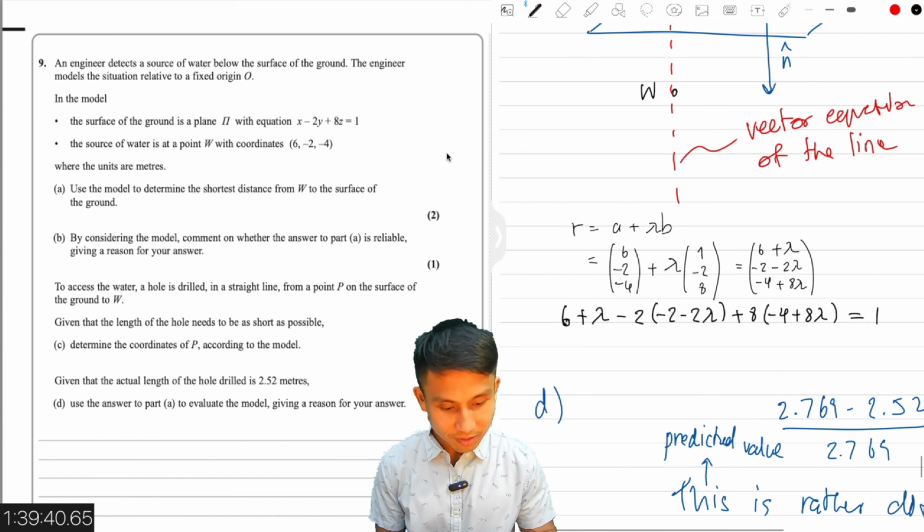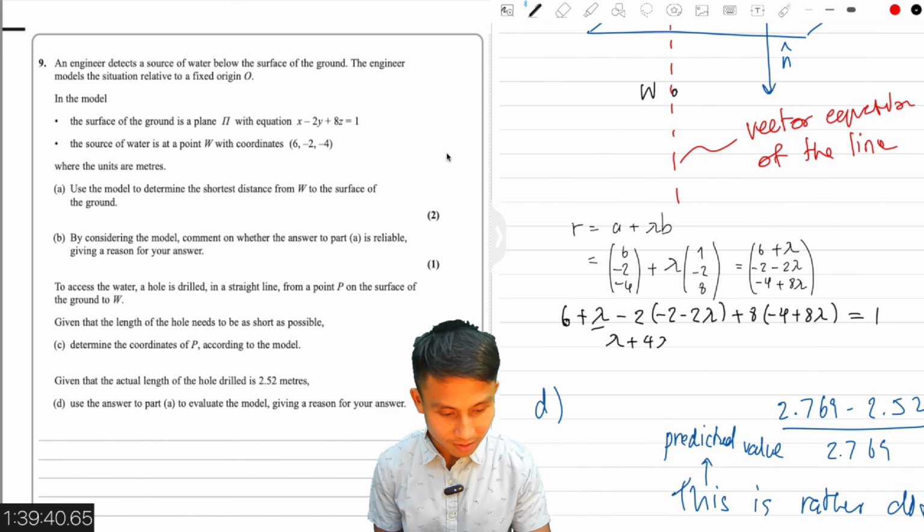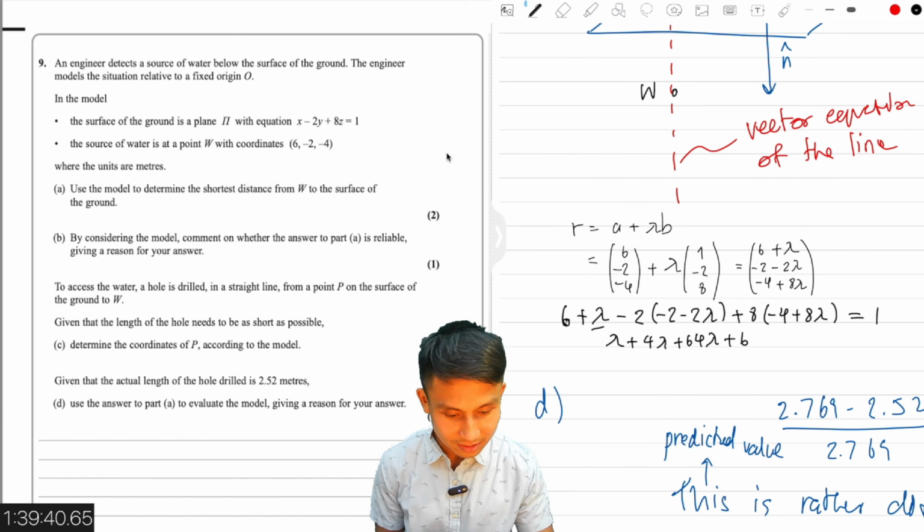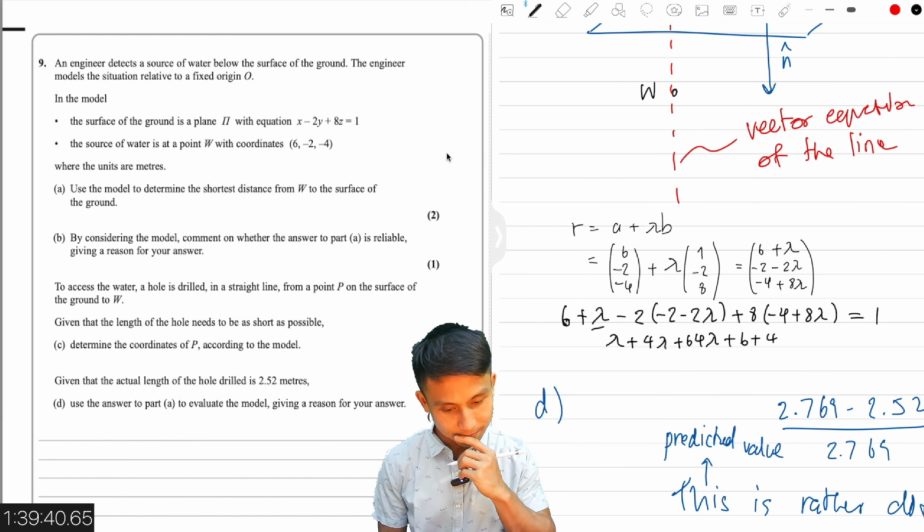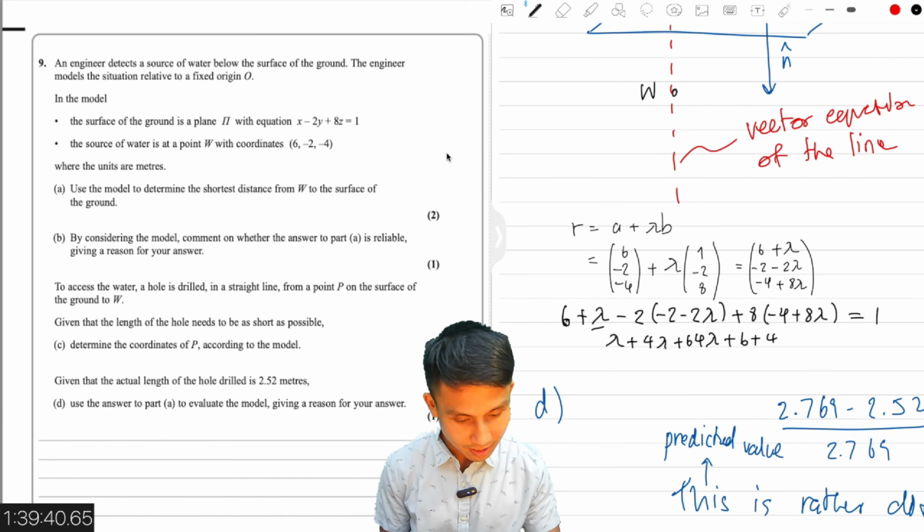So let me collect the term lambda here. So I have 1 lambda and 4 lambda and 64 lambda. So lambda plus 4 lambda plus 64 lambda. And then the number terms are 6 plus 4 and minus 32, minus 1 equals 0.